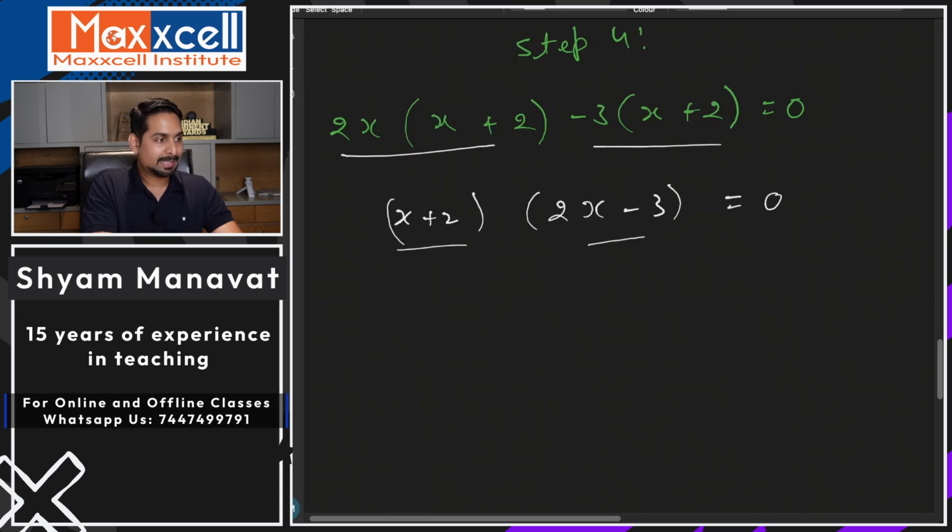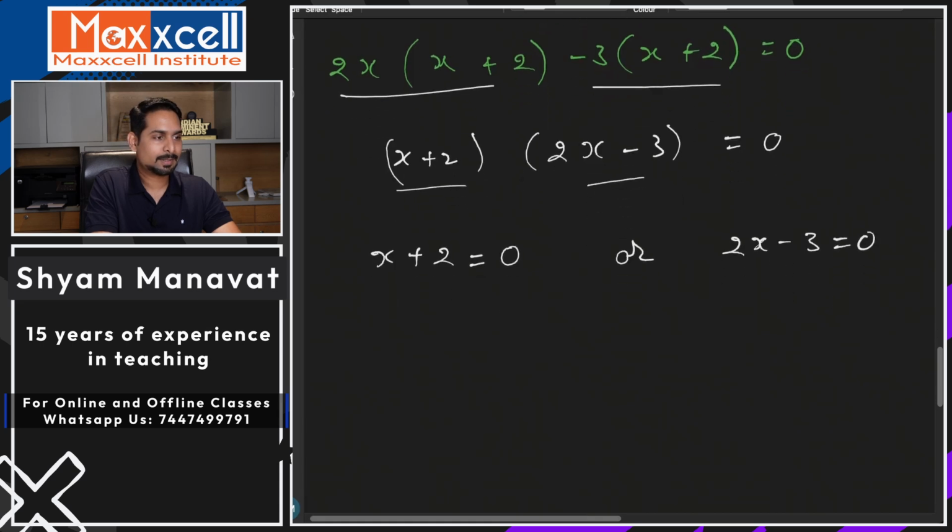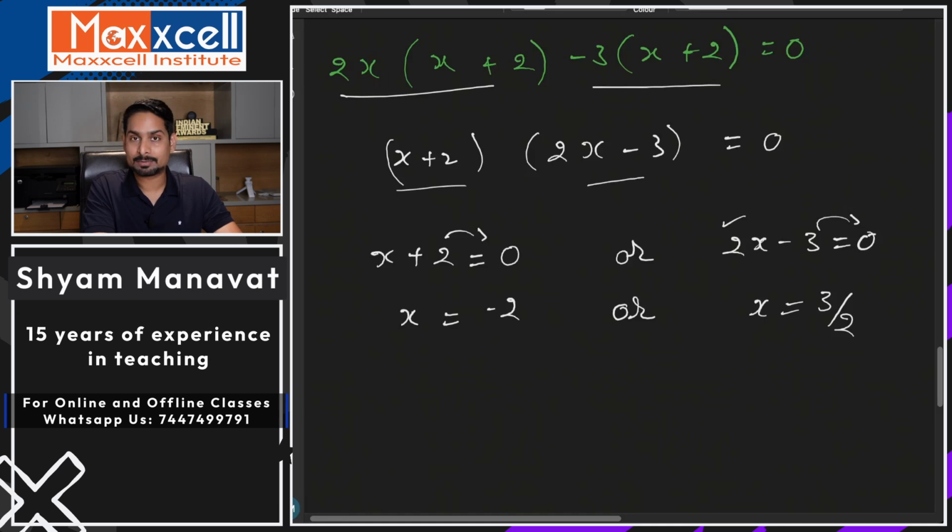It means x plus 2 equals to 0, or 2x minus 3 equals to 0. So x equals to minus 2, or x equals to 3 by 2, taking minus 3 to the other side and then dividing by 2.